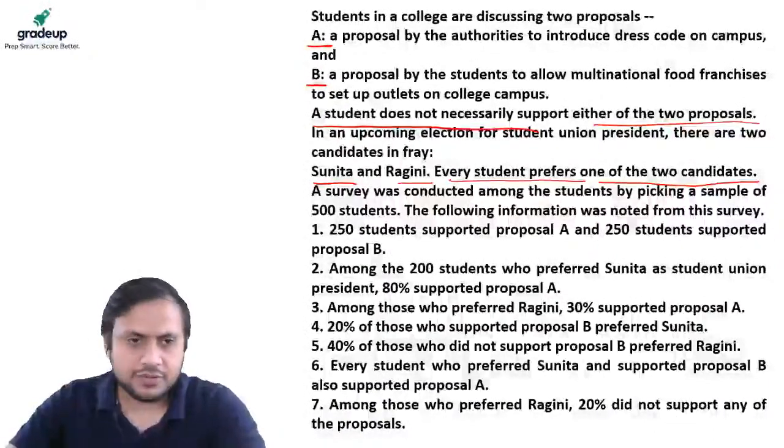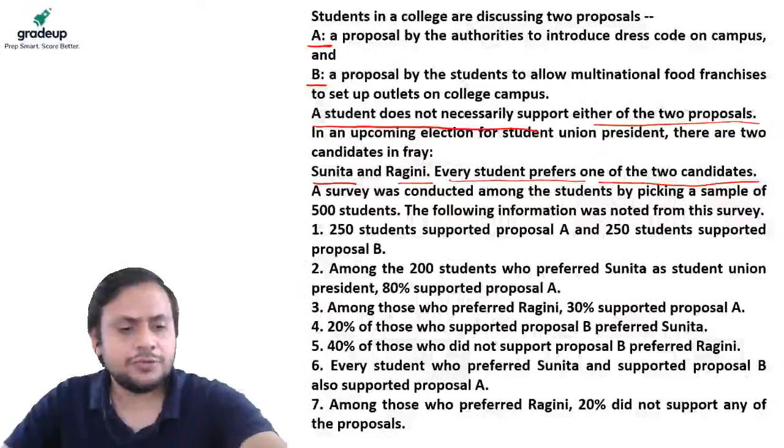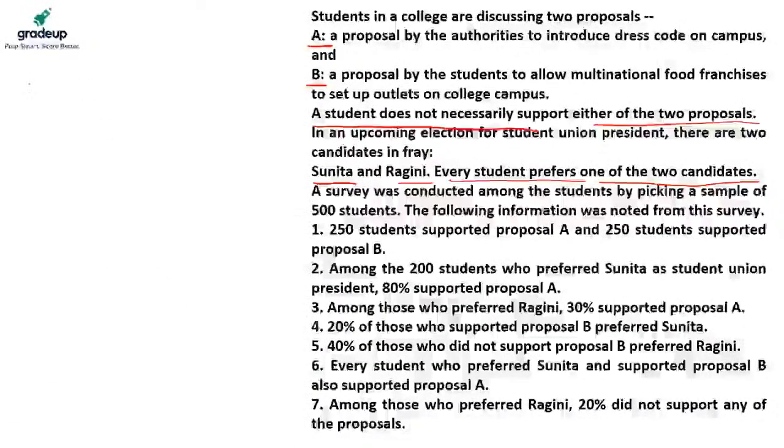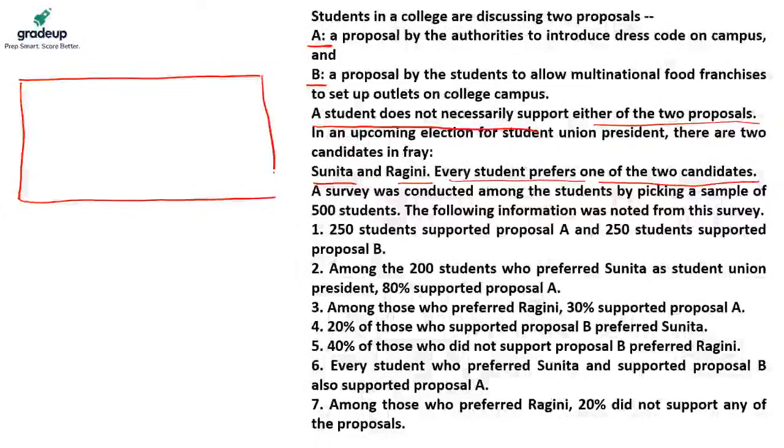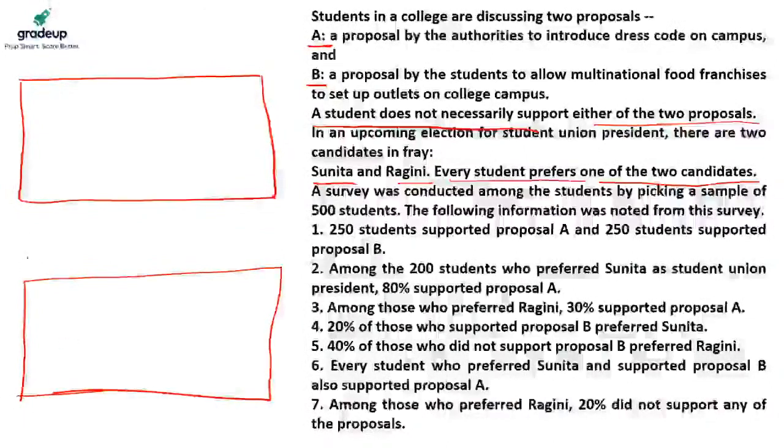We are going to form two sets of Venn diagrams. First one for the supporters of Sunita, second for the supporters of Ragini.